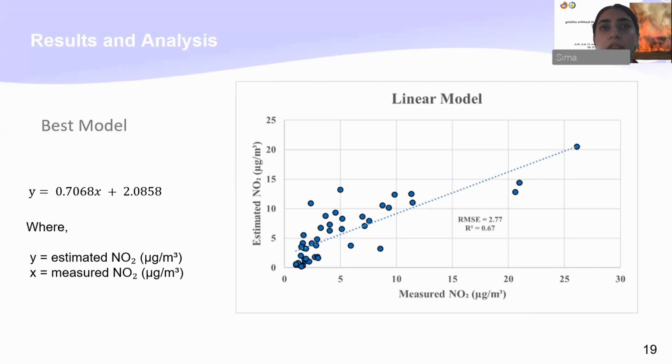From several fitted curves, as I already mentioned, the linear regression model showed the highest R square, around 0.7, and the lowest RMSE, 2.7 microgram per cubic meter. This suggests that the linear model is the most suitable approach for predicting nitrogen dioxide concentration in microgram per cubic meter across the entire study area.